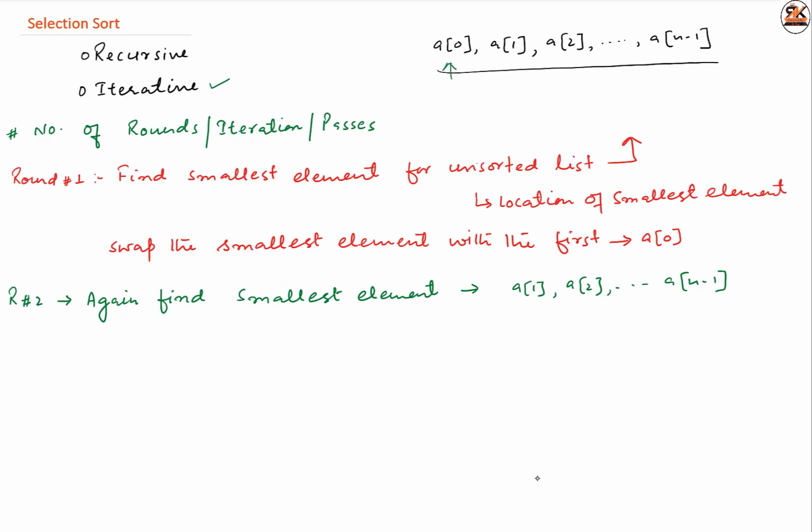So now the rest of the list starts from a1 up to a n minus 1, and we find the smallest element out of that list and swap it with the first element, which in this case is a1. We repeat this procedure until we reach the end of the unsorted list, and finally we get the sorted list.